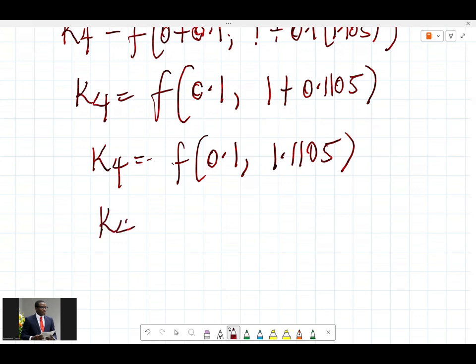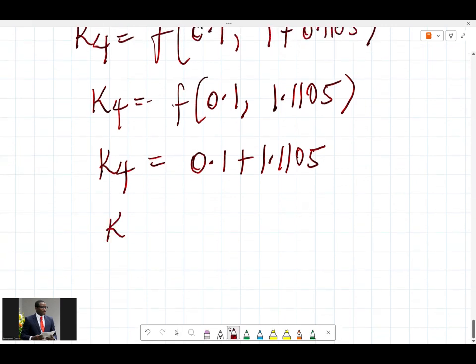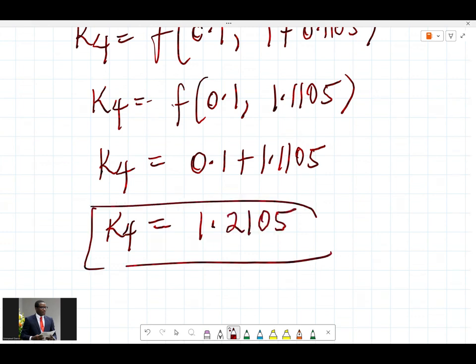Since the function f of xy is just x plus y, we have 0.1 plus 1.1105. So K4 now is equal to 1.2105. So this is our K4.